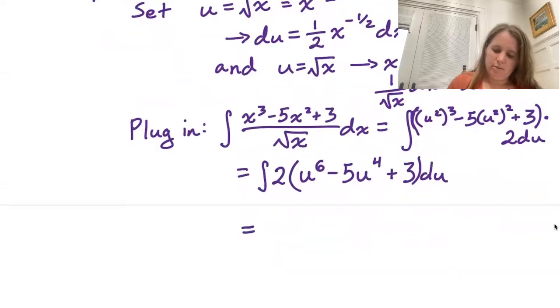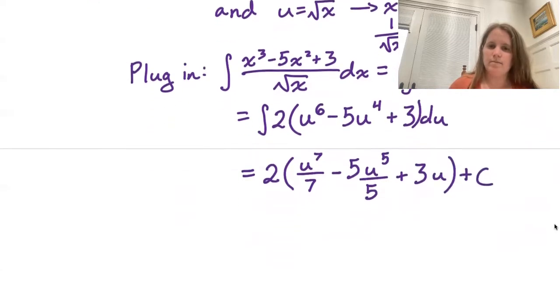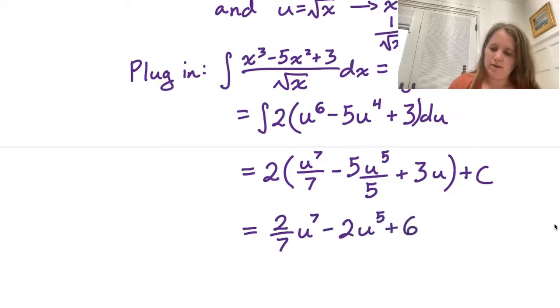That 2 is just going to come along for the ride. And then u to the 6th would go to u to the 7th divided by 7. Then we would have minus 5u to the 5th divided by 5 plus 3u and then plus c. Or this is 2/7 u to the 7th minus 2u to the 5th plus 6u plus c.